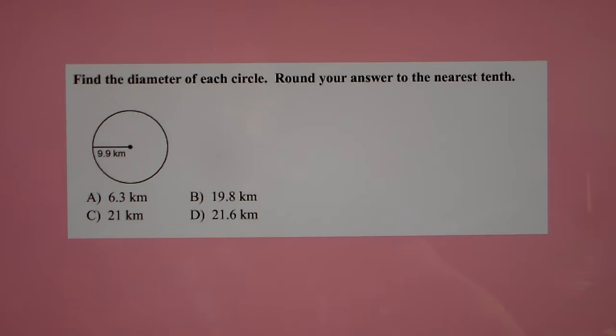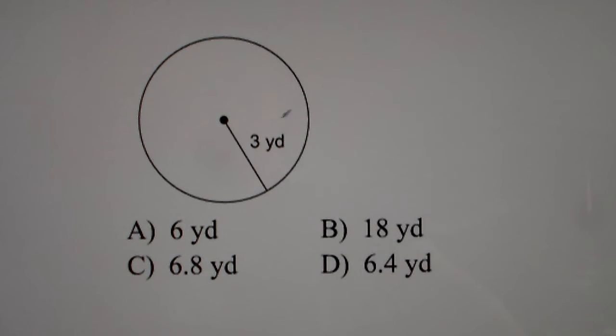Let's now talk about finding the diameter of a circle when given a radius. So if your radius is 9.9, to find the diameter, all you got to do is double it. So 9.9 times 2 is going to get you 19.8. So remember, when you're given the radius, to find the diameter, you got to double it.